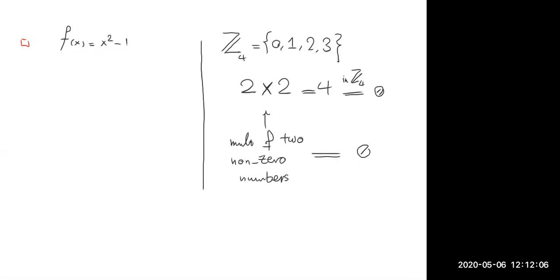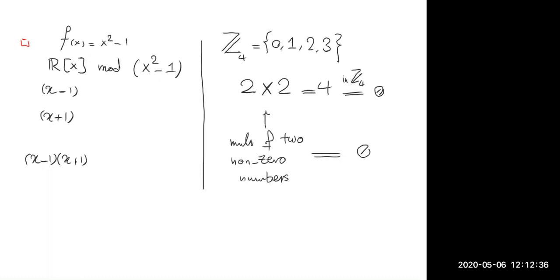The same thing happens here. If we look at the set of polynomials R[x] mod this polynomial, x squared minus 1, I'm sorry. Here, x minus 1 is a non-trivial polynomial. It's a polynomial which is not 0. x plus 1 is another polynomial which is not 0. But if I multiply these two polynomials, I get x squared minus 1.